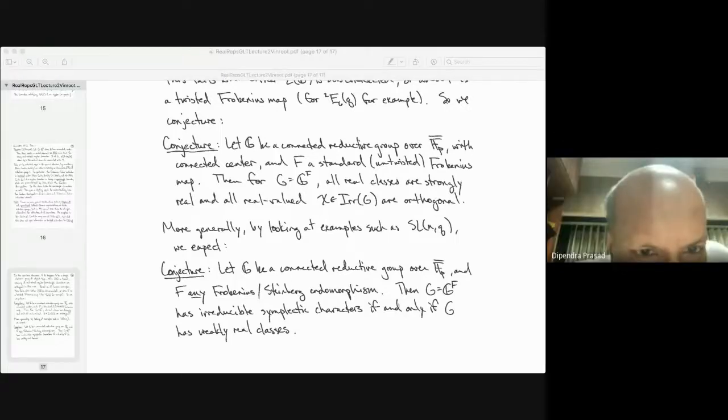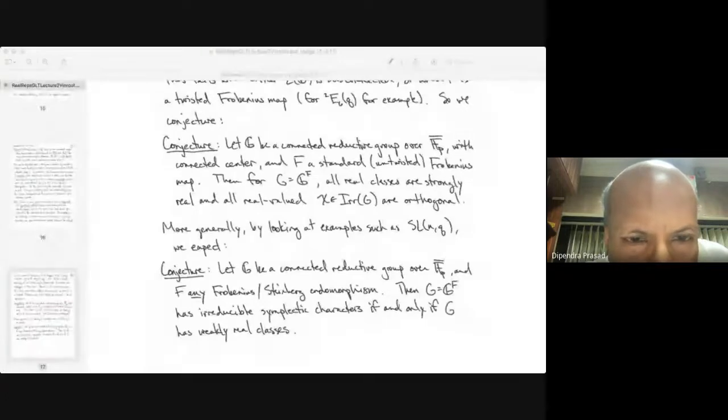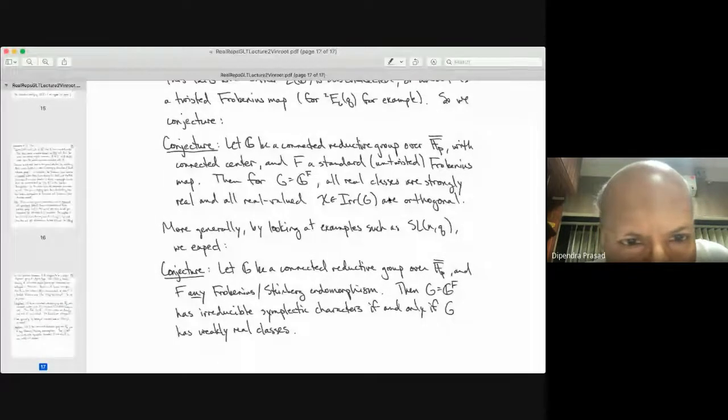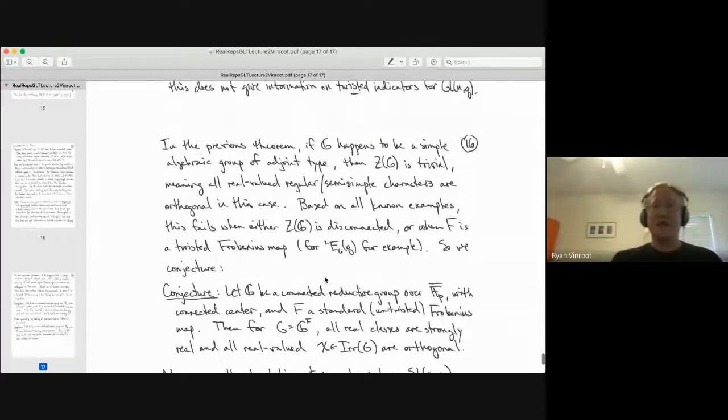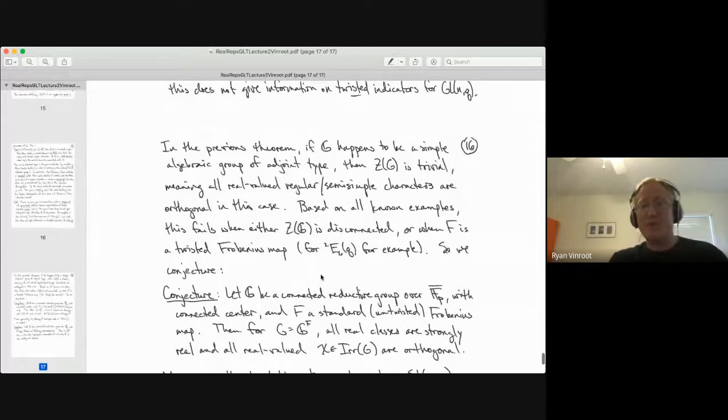Can you say something about the first conjecture on this page? Is it true for exceptional groups G2, F4, and E8? So one of the things that we can say is that, if we ignore the part that all real classes are strongly real, then for F4, it's doable. I haven't done it yet.